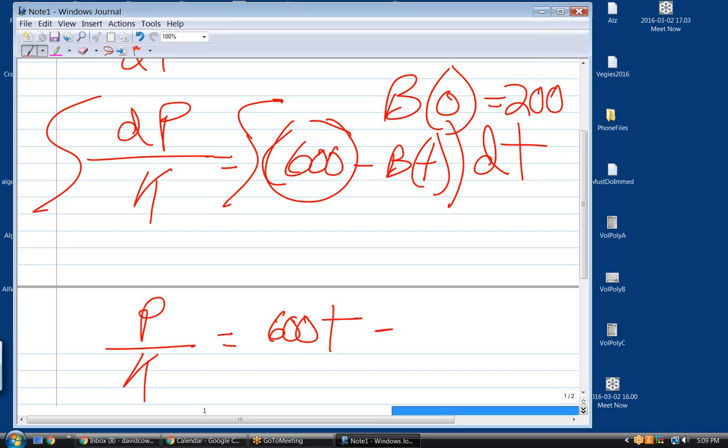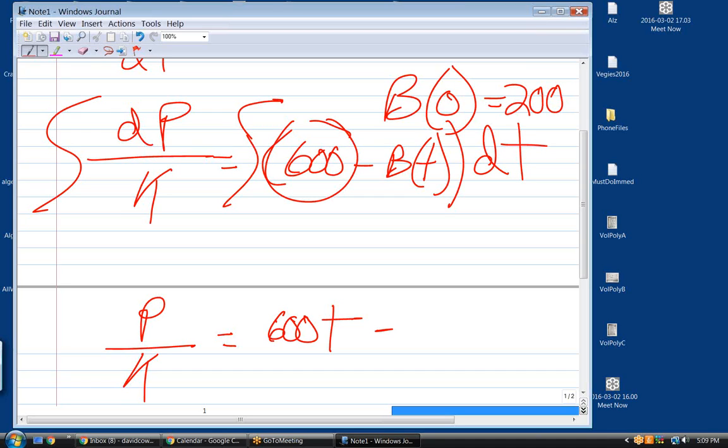Well, read the question again from start to finish. The rate at which a population of bears in a national forest grows is proportional to 600 minus b of t, where t is the time in years and b of t is the number of bears. At time t equals 0, there are 200 bears in the forest.